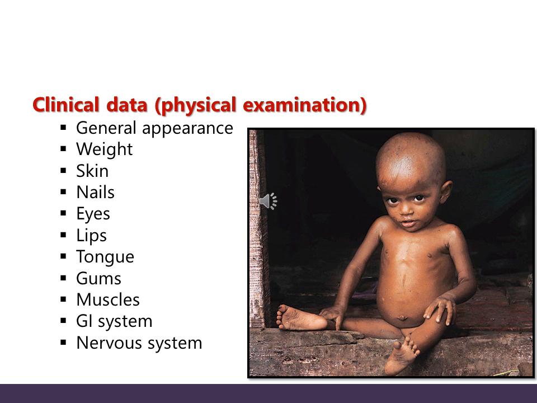You can also try to get the actual weight of your patient. You can assess the skin, nails, eyes, lips, tongue, gums, muscles, gastrointestinal system, and nervous system. If a patient is overweight, more or less you would see some deviations or problems on these body parts. If the patient is undernourished, you would also observe certain abnormalities in the weight, in the skin, in the nails, in the eyes.